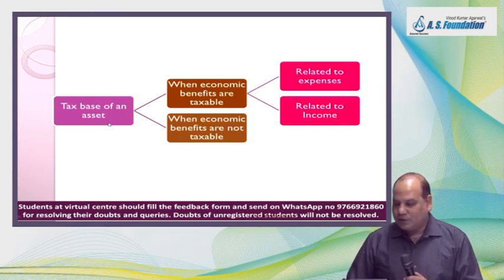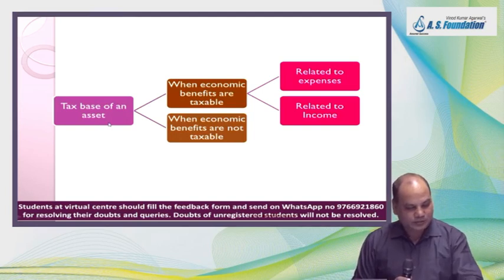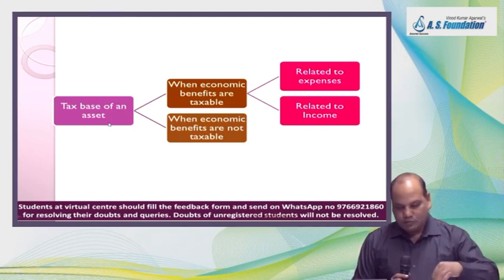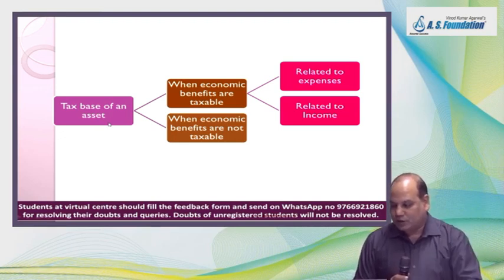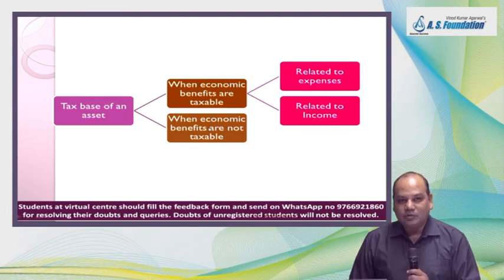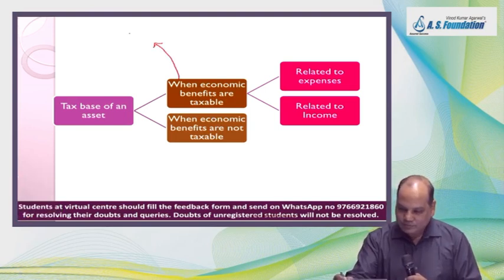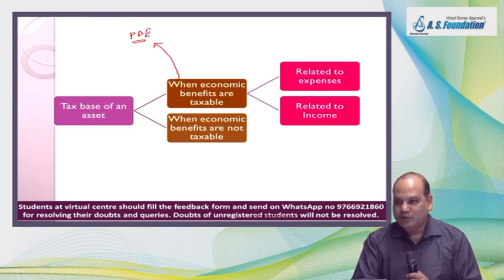Now to simplify, we will understand tax base of an asset related to two types of situation: when economic benefits are taxable and when economic benefits are not taxable. When economic benefits are taxable, for example, property, plant, equipment, when you use them you generate profit.